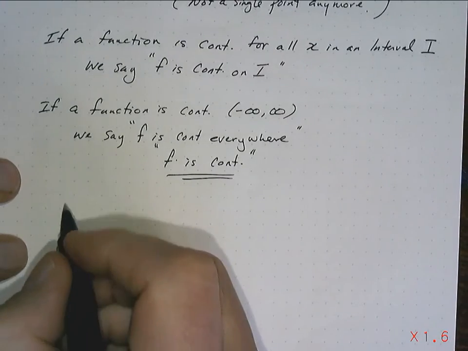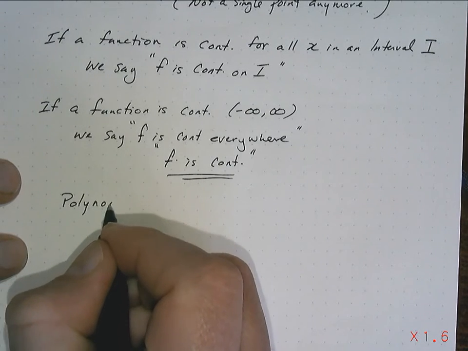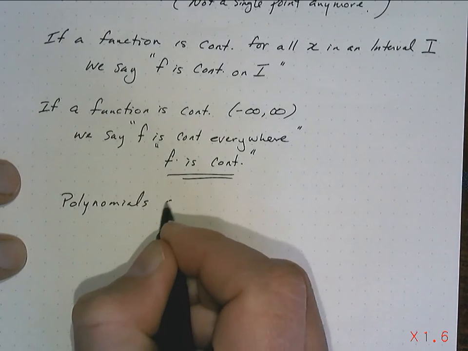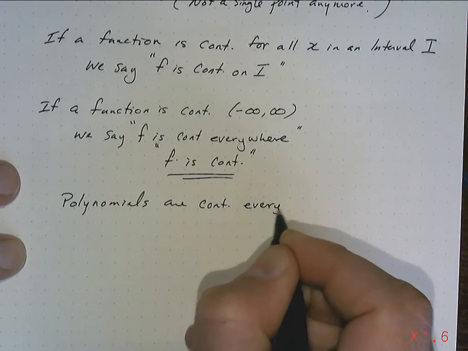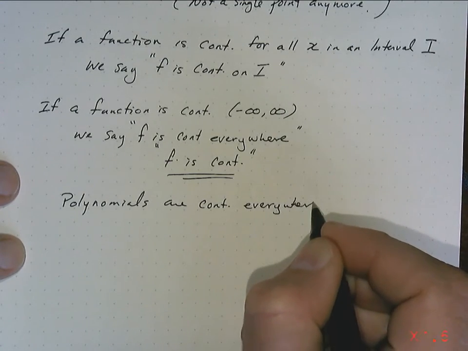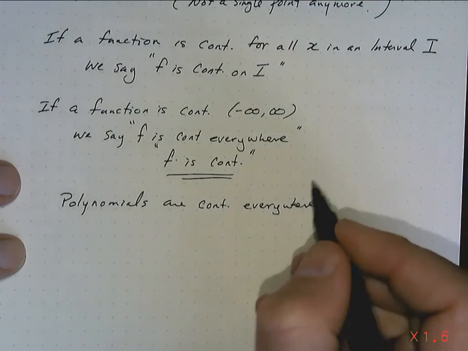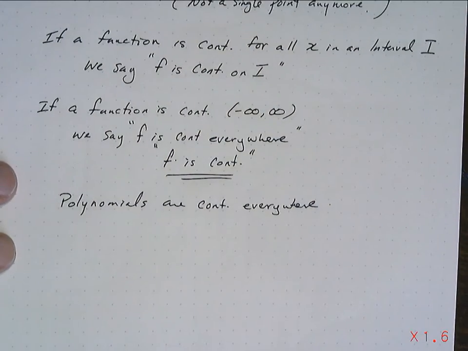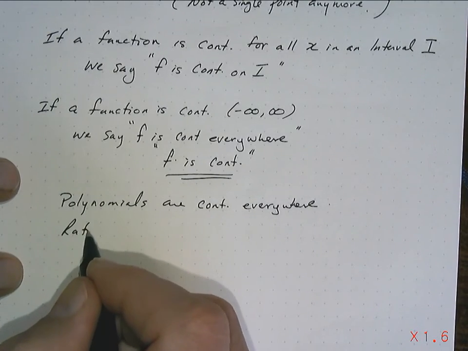Things that we have to remember, and I think we've just talked about this, and this is the most important one, is that polynomials are continuous everywhere. In fact, if I wanted to write this even more simply, I would just say polynomials are continuous. Bottom line. And rational functions, that's the other one that you should know.